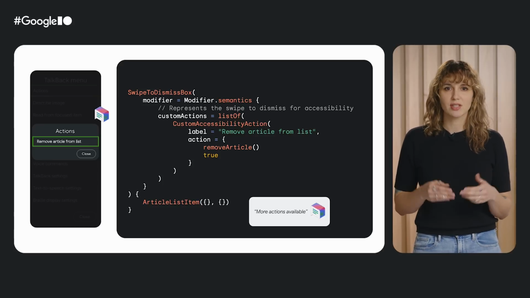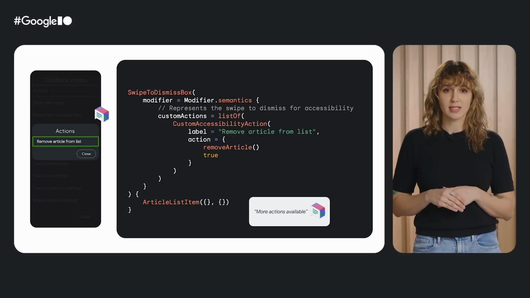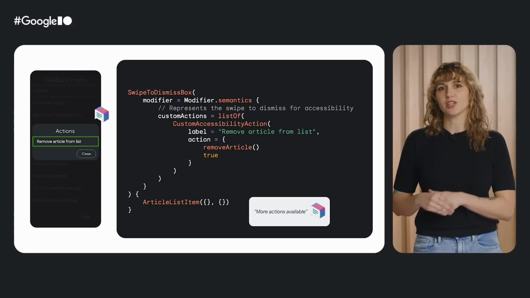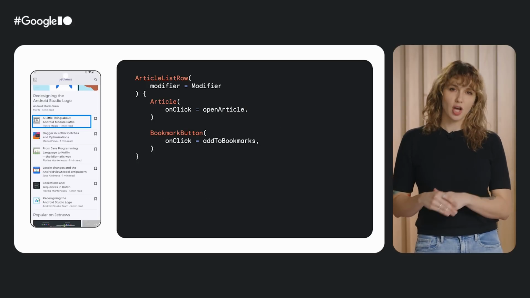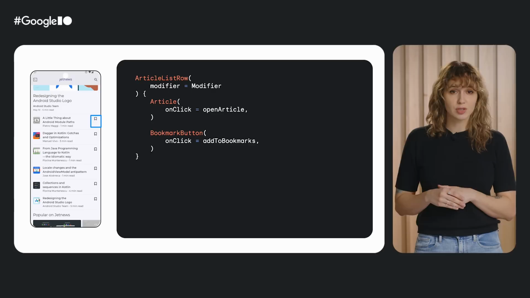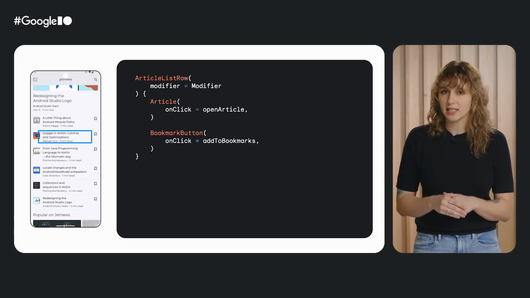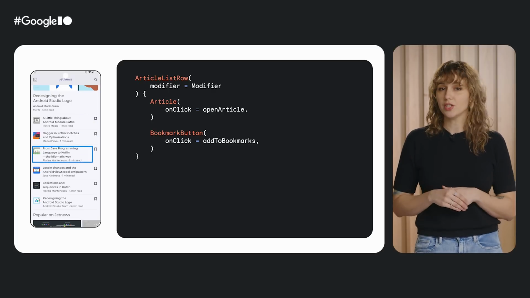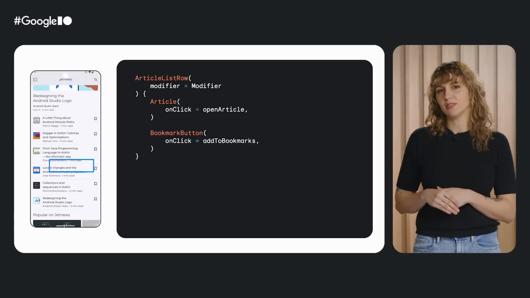This only changes the swipe to dismiss for accessibility services. You can still use the original swipe gesture. In long lists, with items that have multiple available actions, it might be tedious for users to iterate through each action for every single item individually.